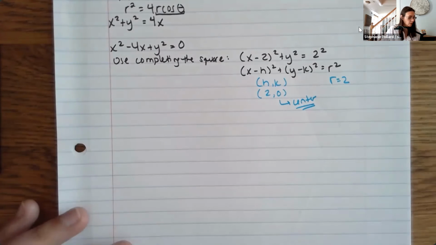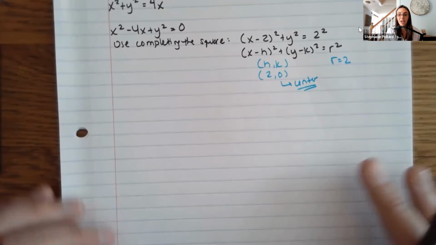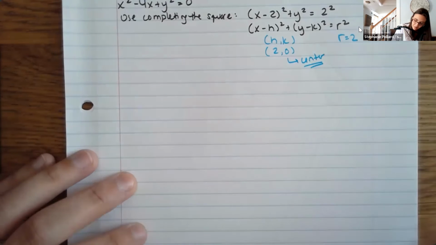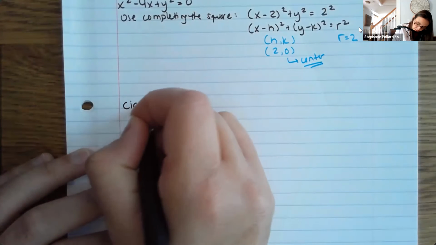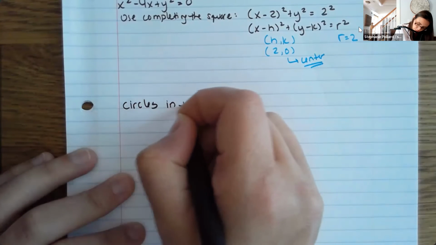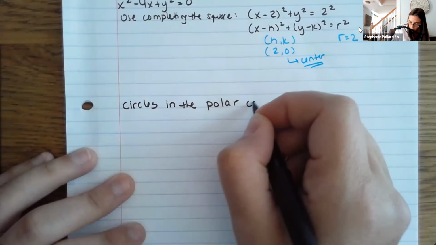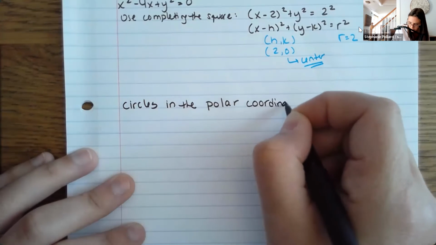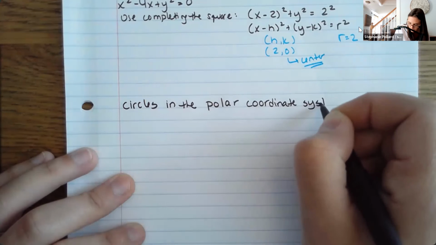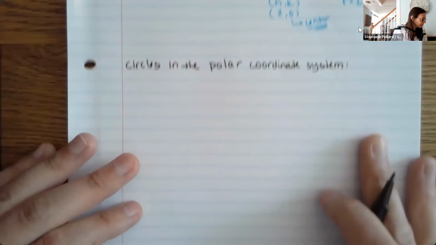So one thing to note, so you don't have to check this every single time: circles in the polar coordinate system look like this.